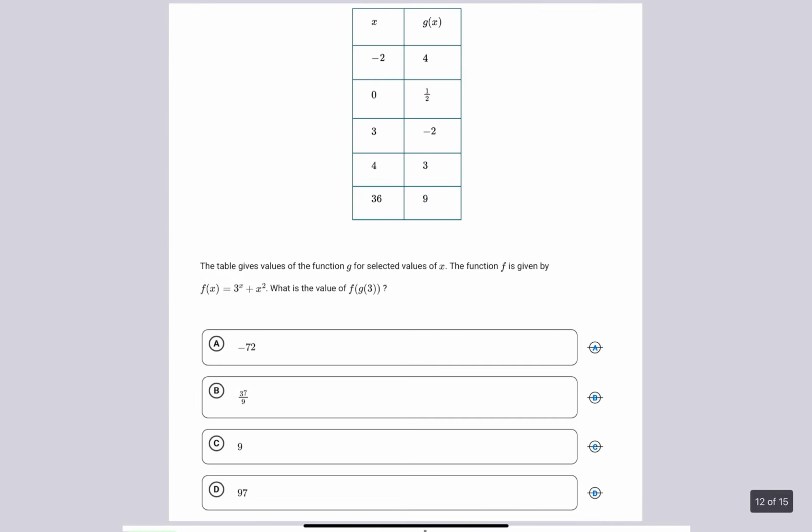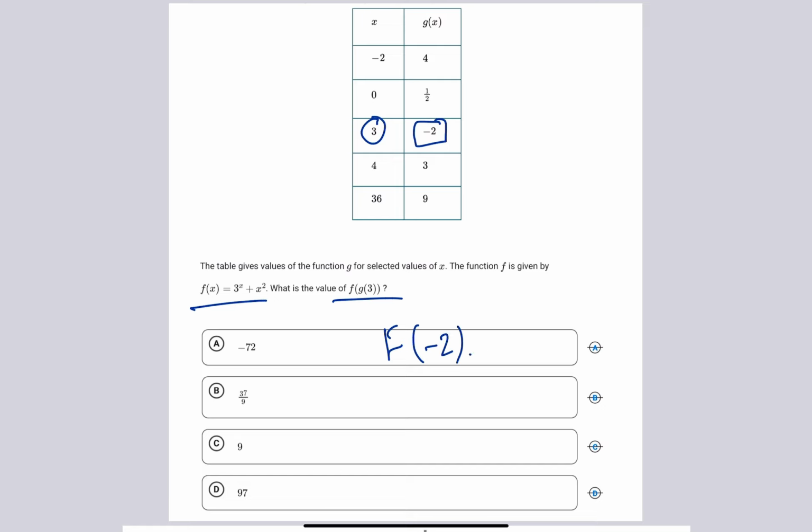And what about this one? We have the function f of x and f of g of 3. Well, you've been given the table of g of x and the function f of x. So what is g of 3? When x equals 3, y equals negative 2, so I have f of negative 2.